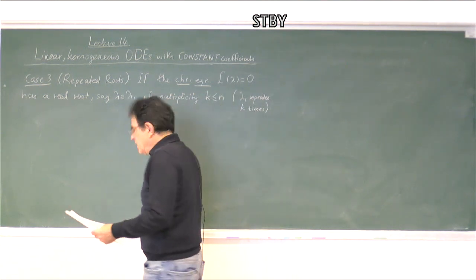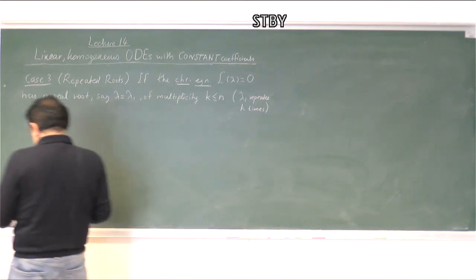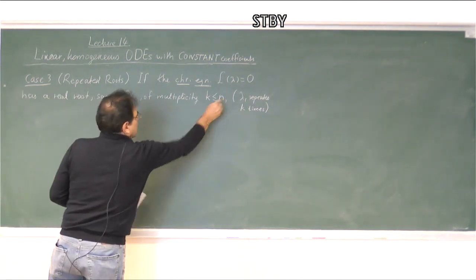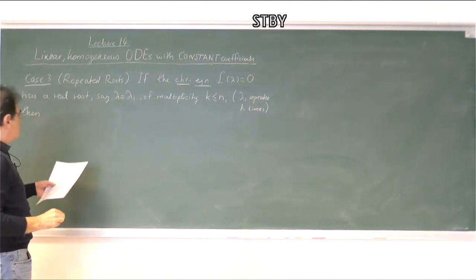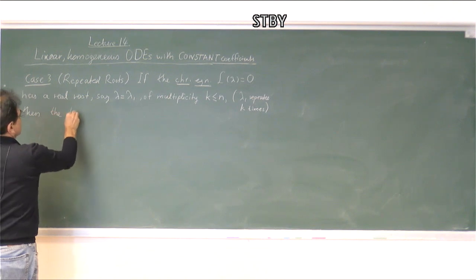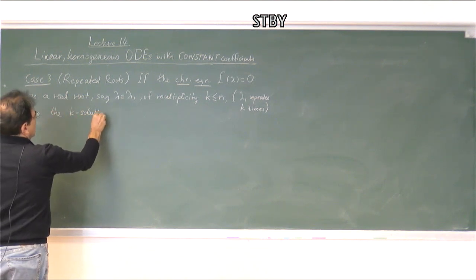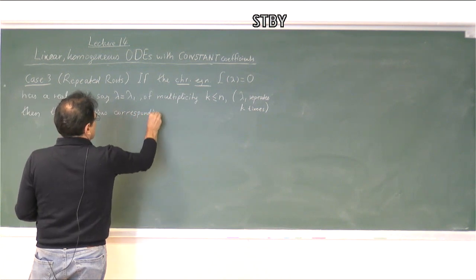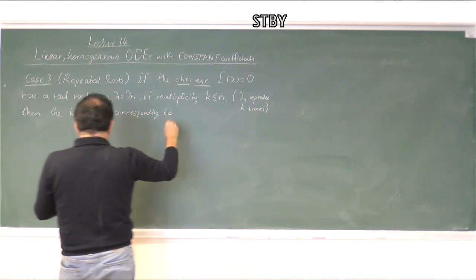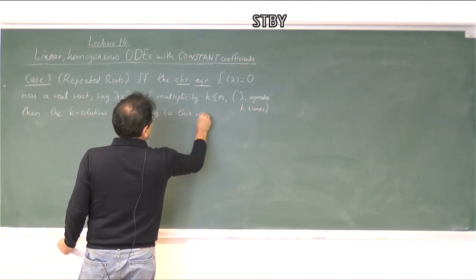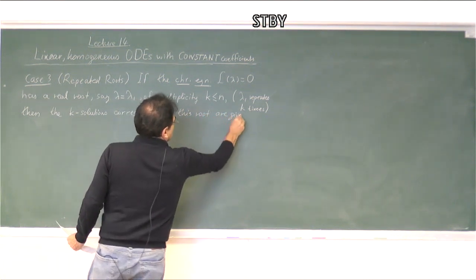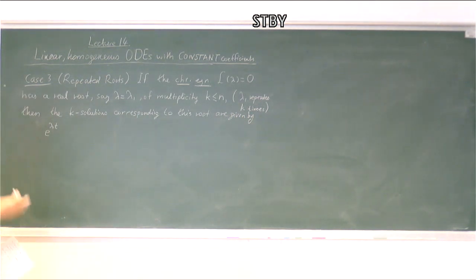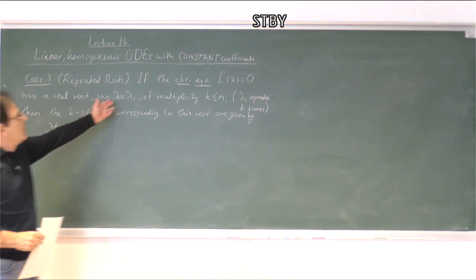There is a theorem which tells us that if lambda 1 has multiplicity k, not greater than n, then the k solutions corresponding to this root are given by e to power lambda 1 t, which is clearly a solution because lambda 1 is a root of the characteristic equation.